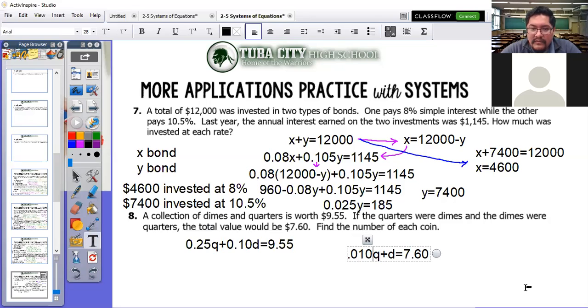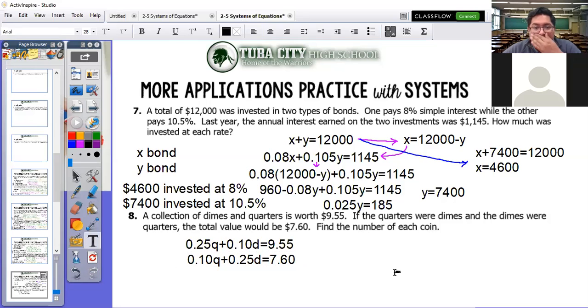Oops, I put the 0 in the wrong place right there. And dimes were quarters. So we switched the value of them. And this works out pretty good.